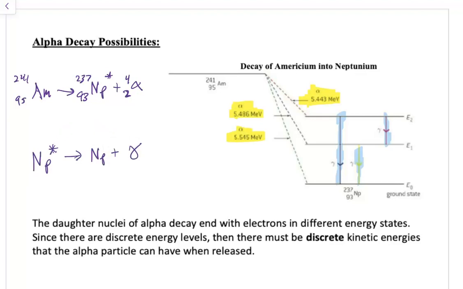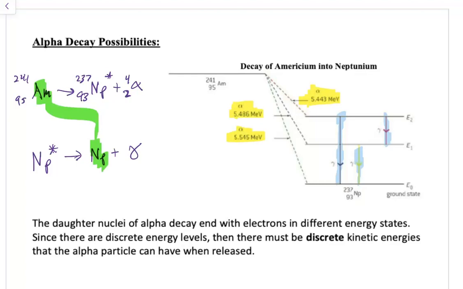So this is important because we see 2 different stages and we see 2 different forms of quantized energy. If you add these 2 energies up, going from americium to neptunium, there is a mass difference, and there is a release of energy.